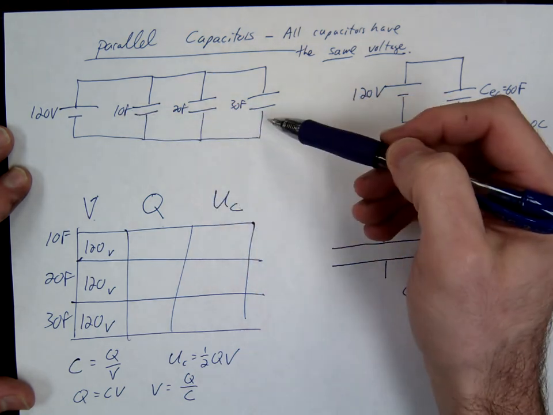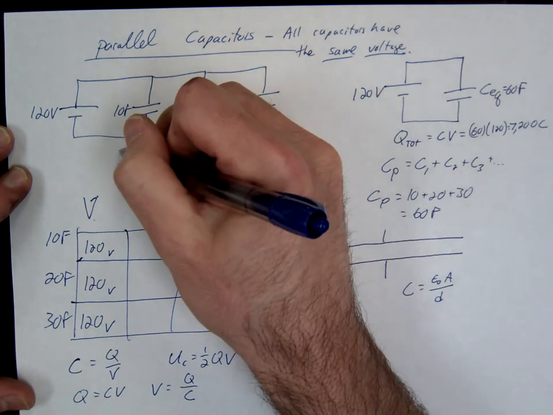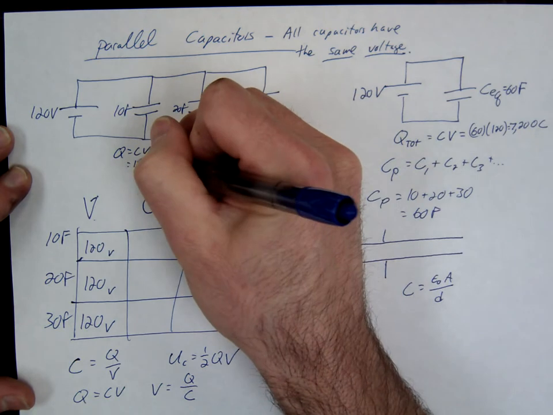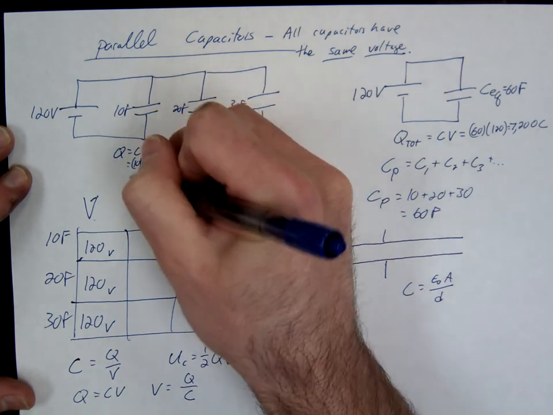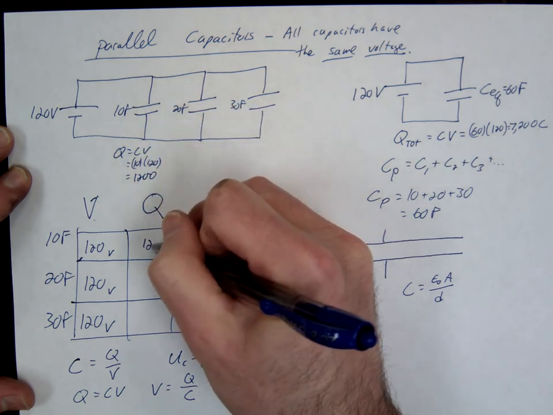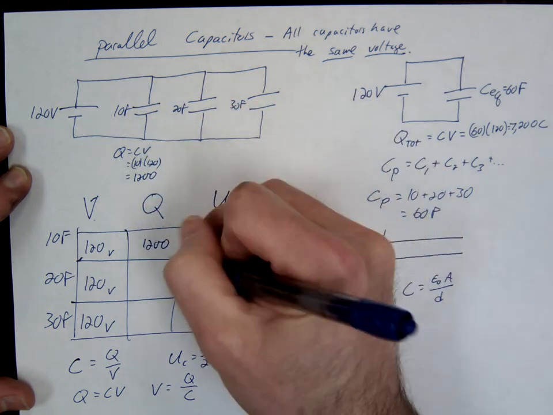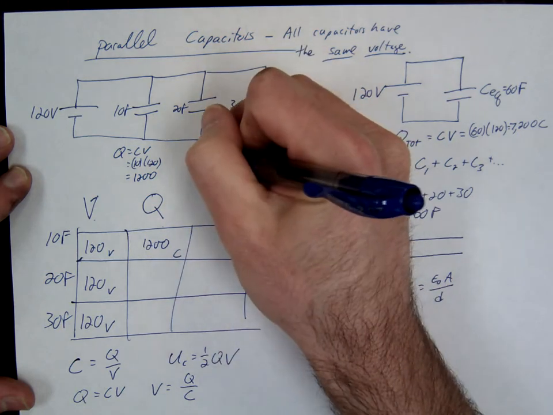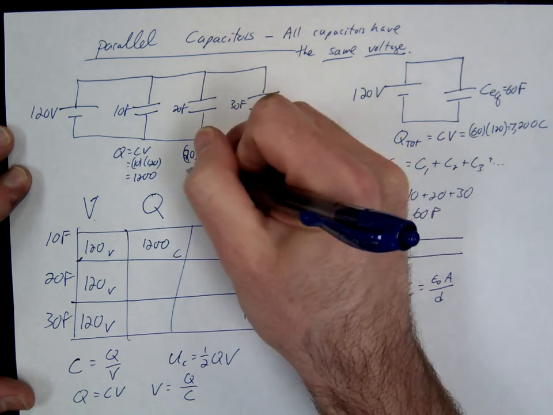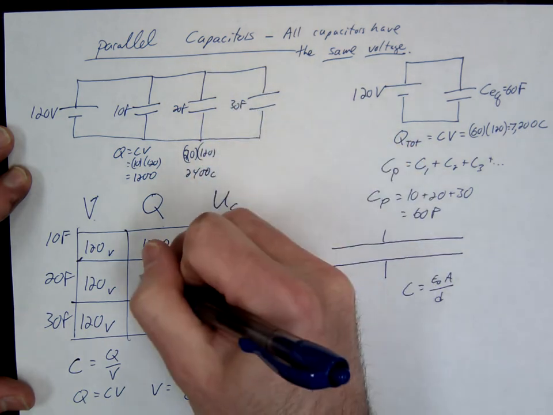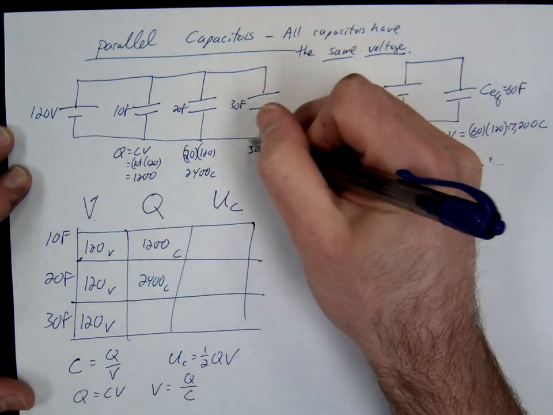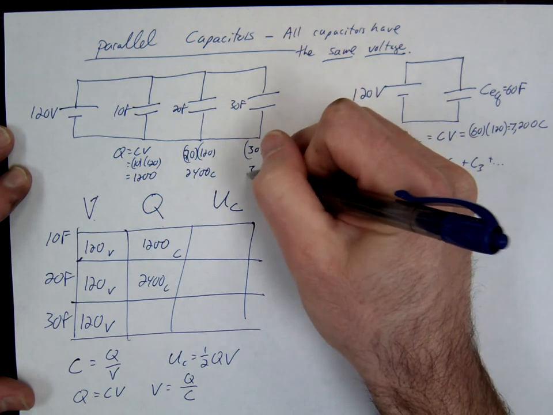So then what am I missing on these? The charge, yeah. So we're missing the charge across. We're just going to go Q equals CV for each. So we have 10 times 120, 1200. We have 20 times 120, 2400, and 30 times 120, 3600.